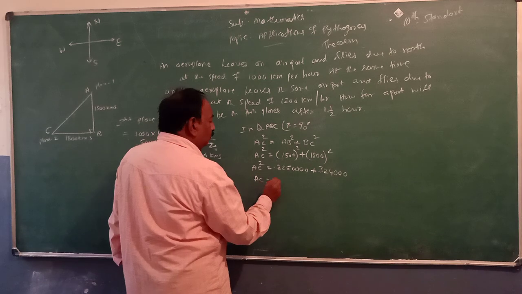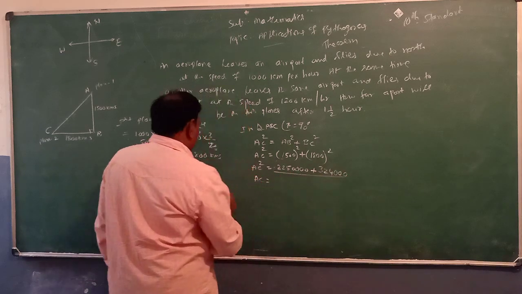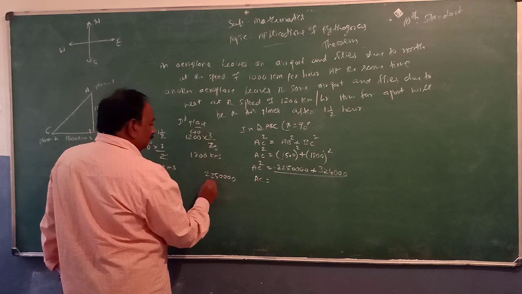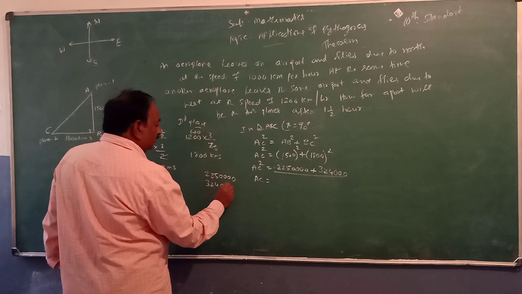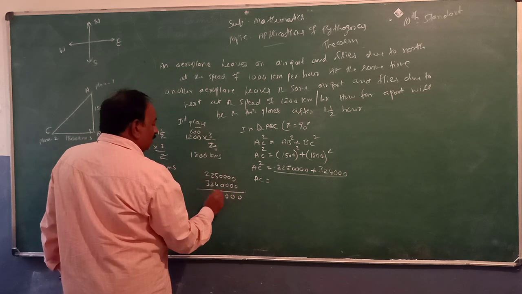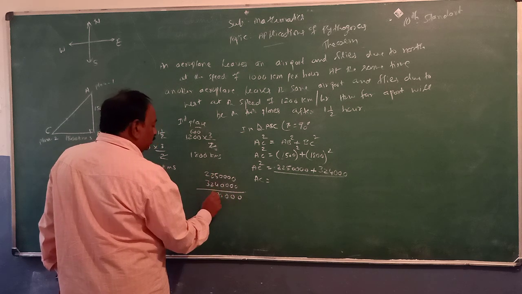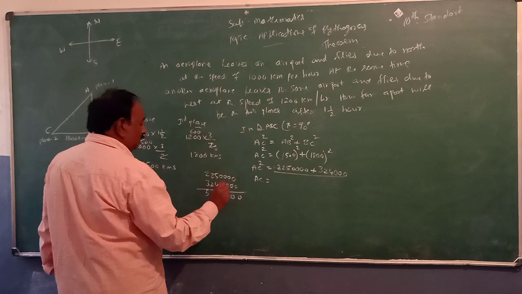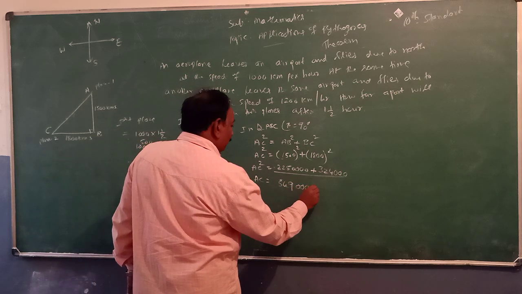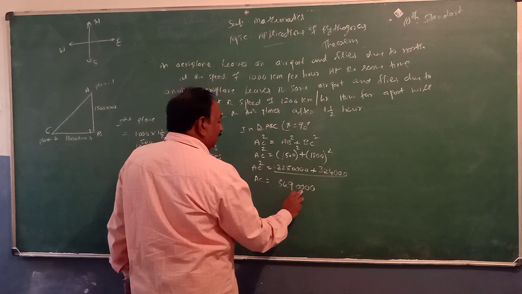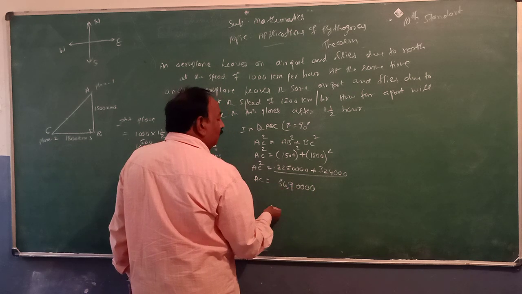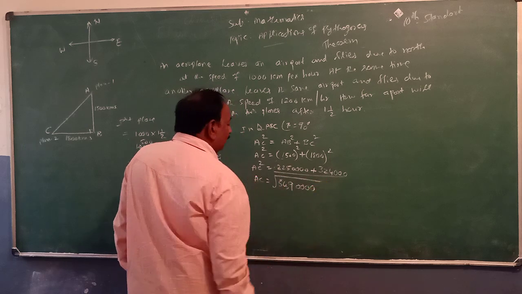AC squared is equal to, add all these: 225 plus 324 gives 549. Then the units, tens, 100, 1000, 10,000, lakh, 10 lakh: 549 with four zeros, 54 lakh 90,000.